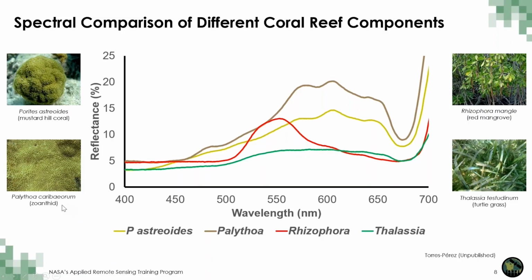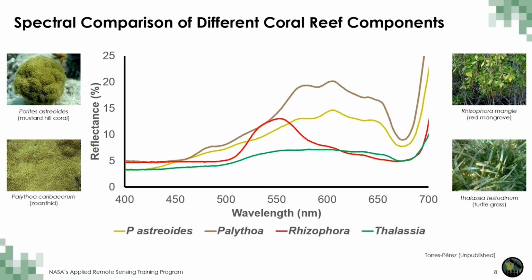And then for comparison purposes, I also included here data from red mangroves and turtle grass, seagrass as well. This is some of my data. It's not published, but it's mostly just for showing the different spectra of these organisms and how they show in a spectrum.